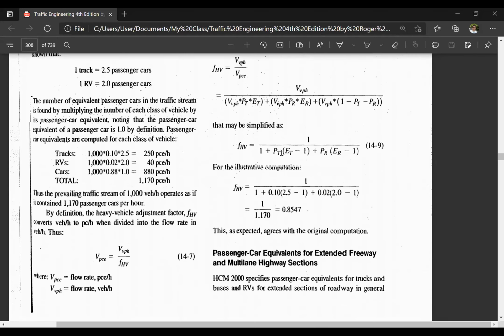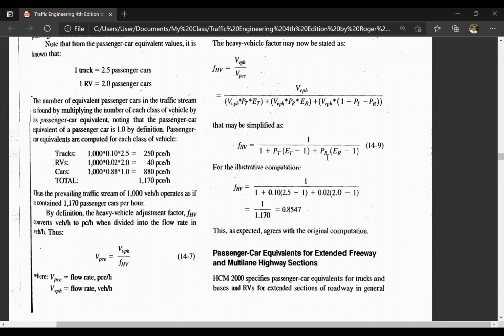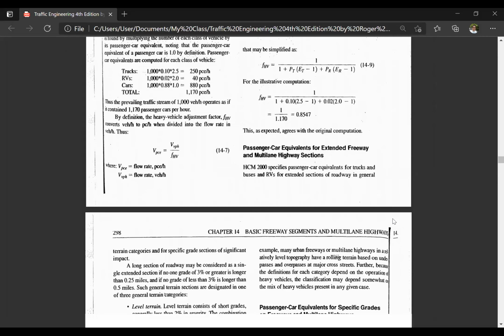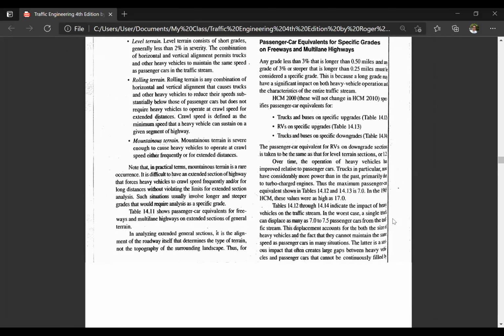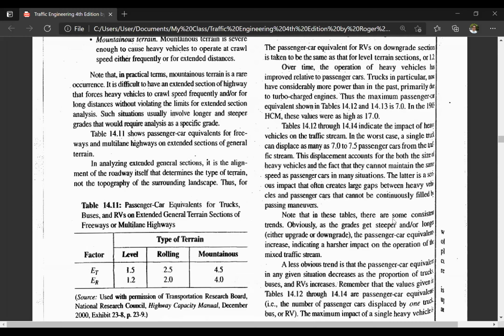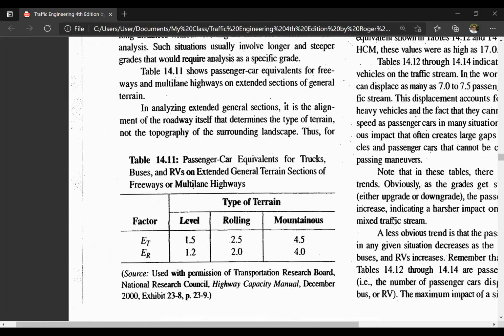So what is PT? PT is the percentage of trucks or buses. PR is the percentage of what? Of recreational vehicles. ET and ER, because this one is given, but you can identify them from table 14.11 here.